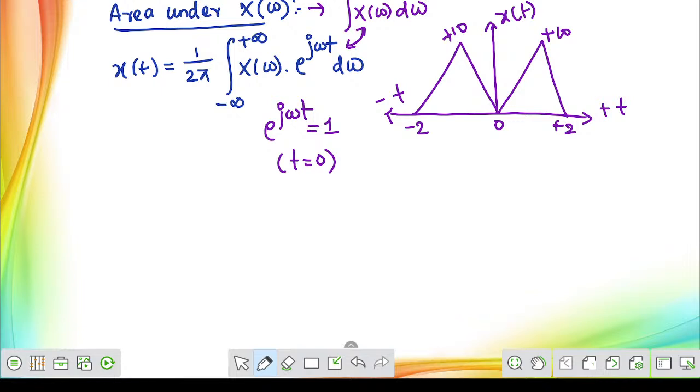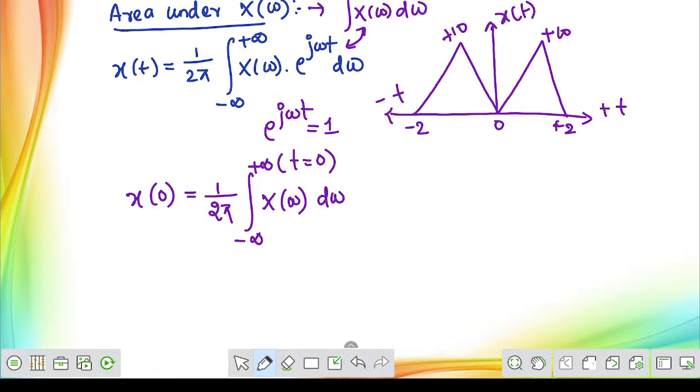Replace t by 0: x of 0 equals 1 by 2 pi integral from minus infinity to plus infinity of x of omega, with e power 0 becoming 1, into d omega.